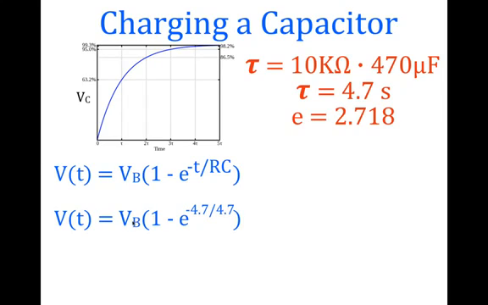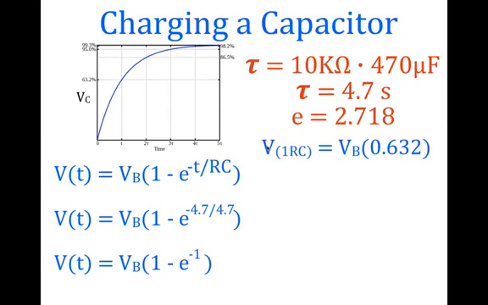So that ends up being V times 1 minus e raised to the power of minus 4.7 over 4.7, and that gives us V times 1 minus e to the minus 1 for one time constant. Now if we calculate this term, then you'll notice that the voltage across the capacitor after one time constant is 0.632 times the voltage of the battery, or 63.2% of the battery. And that's what we have right here.